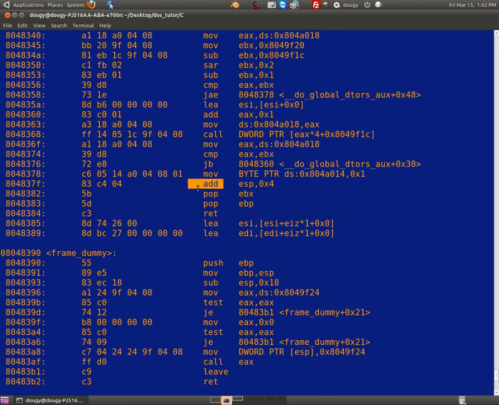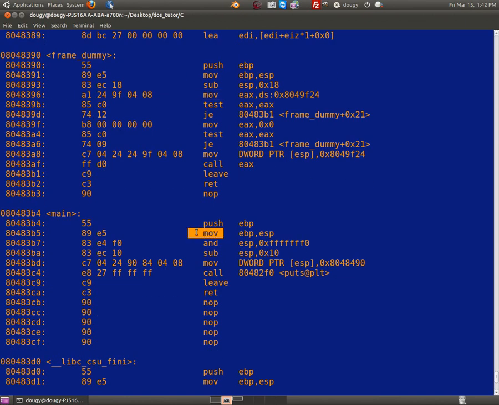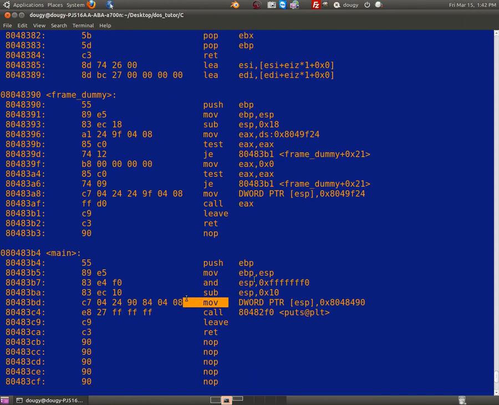Add is to add. Move is one that we will be talking about quite a bit. You see here, move. There's no glorious, glamorous way to put it. You are moving stuff from one part of the processor to another part of the processor.